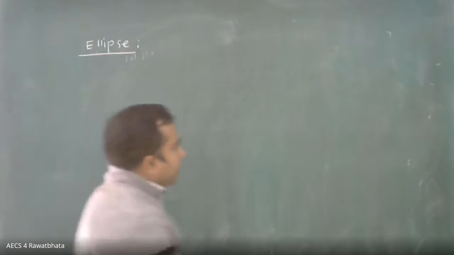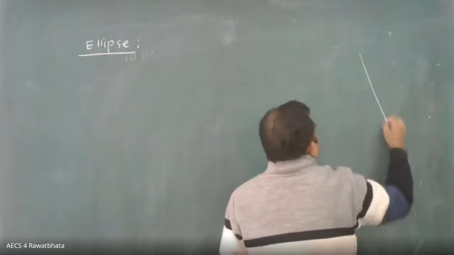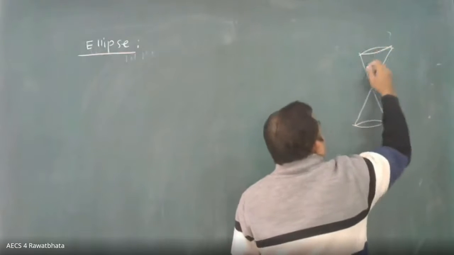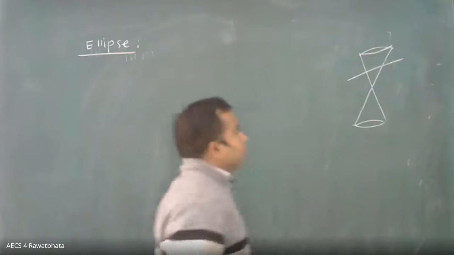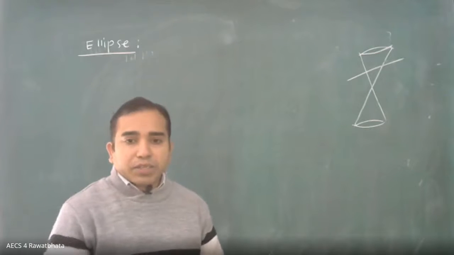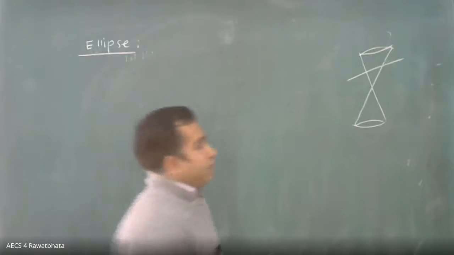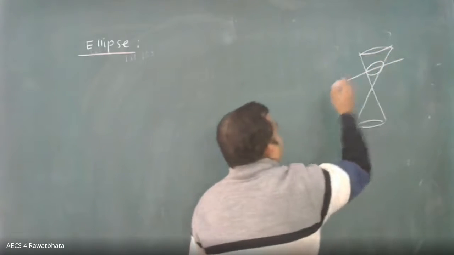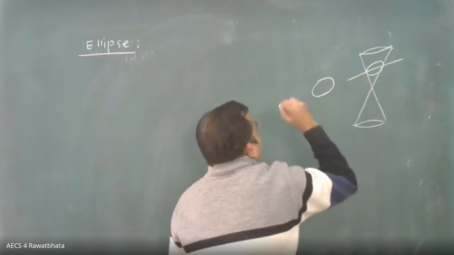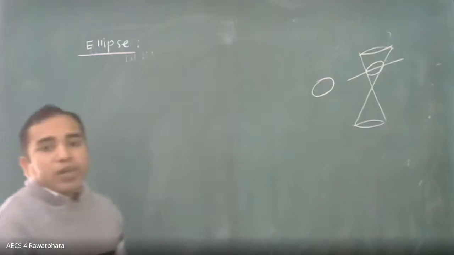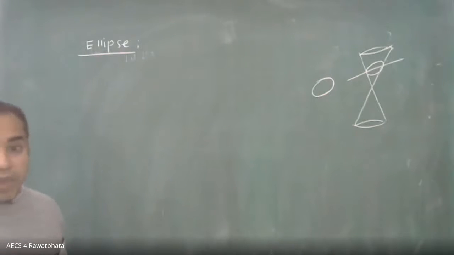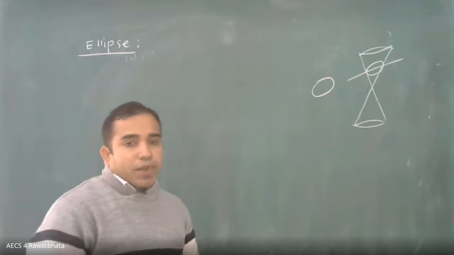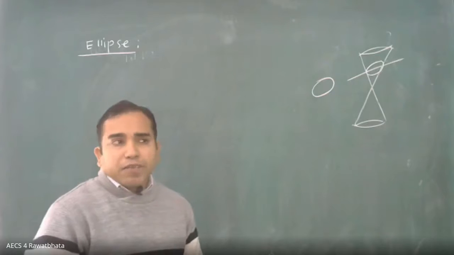An ellipse: if you cut a double cone in this position, with the knife a bit slanted, the cross section will appear like this. This kind of geometrical figure is called an ellipse. But we have to begin from the definition of ellipse, so let us define it first.